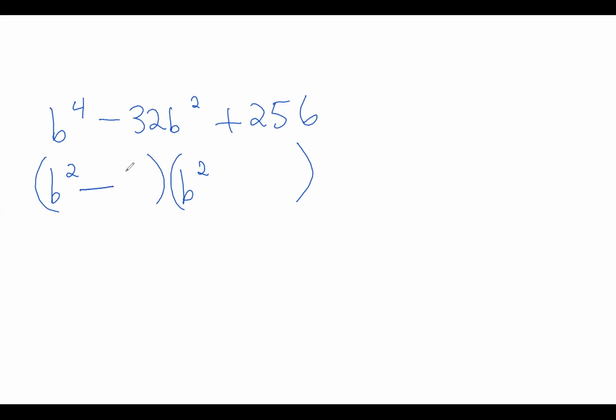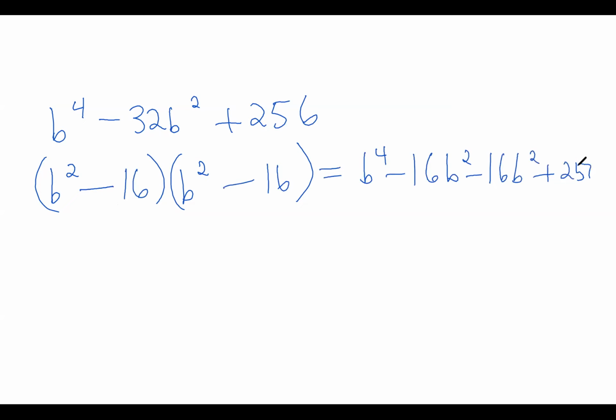So I could do minus 16 and then minus 16. Negative 16 times negative 16 is positive 256. When I distribute, I would get b to the fourth and then minus 16b squared minus another 16b squared plus 256. Those middle terms add up to that minus 32b squared.